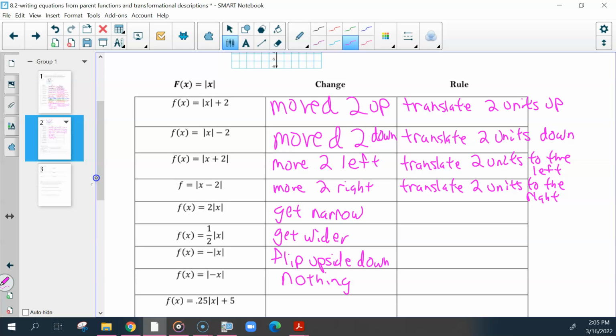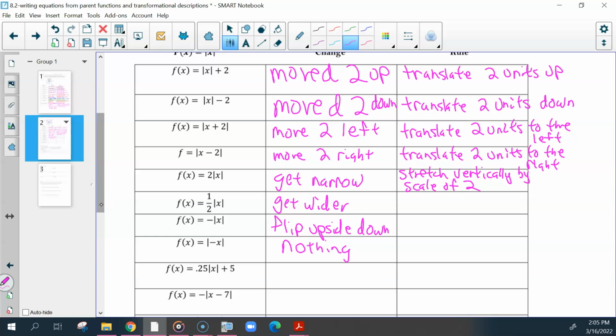Narrower would be a stretch vertically by a scale of 2. Okay, wider would be a compress vertically by a scale of 1/2.